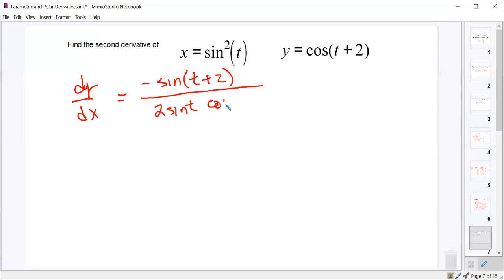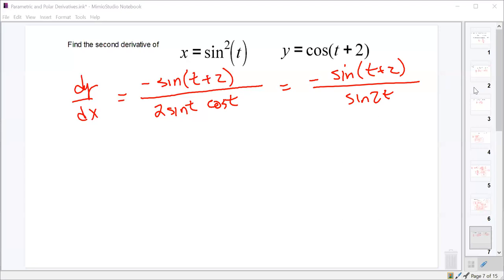Yep, exactly. Which we could, just to make our lives a little simpler later on, rewrite: 2 sine t cosine t can be rewritten as what? Yeah, sine of 2t, exactly.